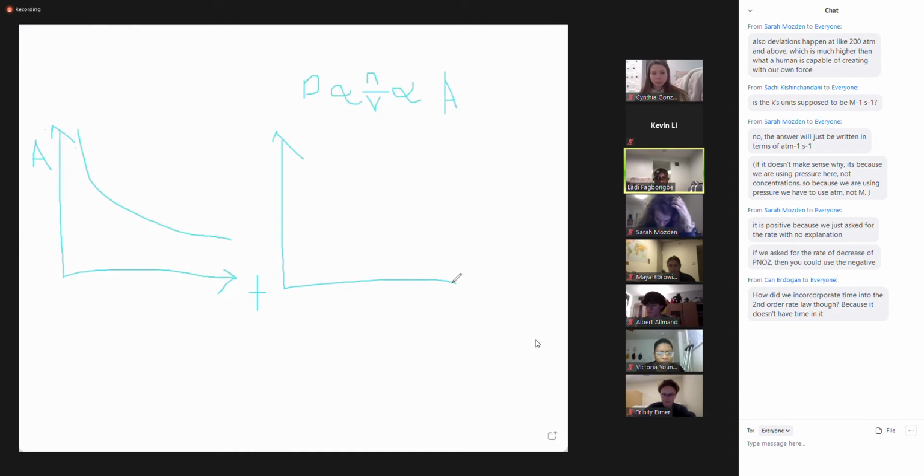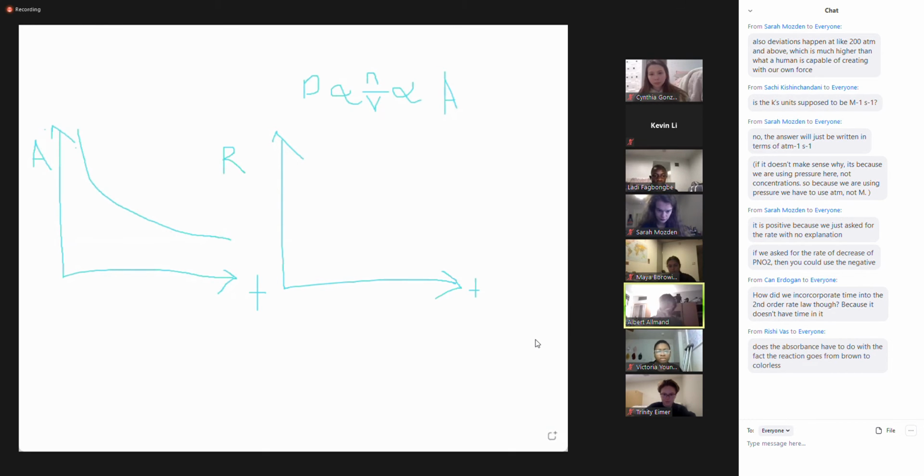Now let's look at rate versus time. Does someone want to raise their hand and tell me what they got for that? Yeah, Albert. I got a parabolic curve that was going upward, so the rate increases over time. So you got kind of like this.